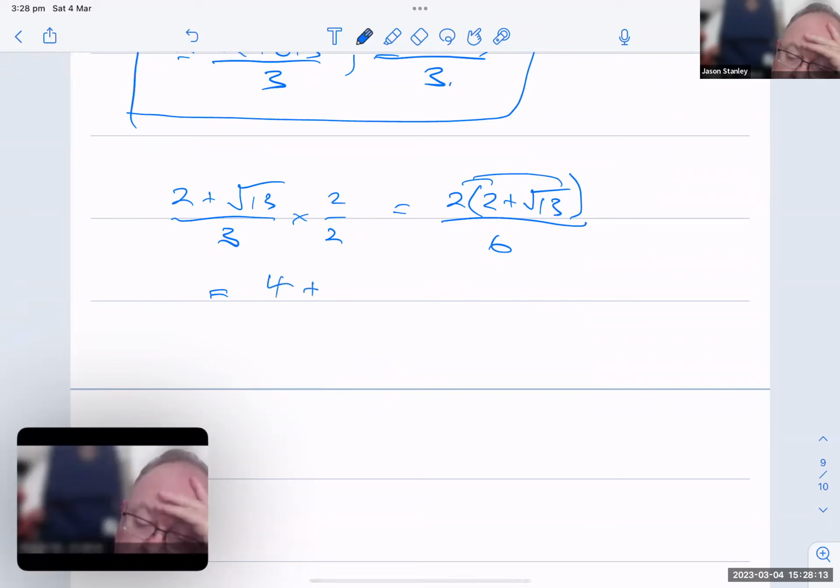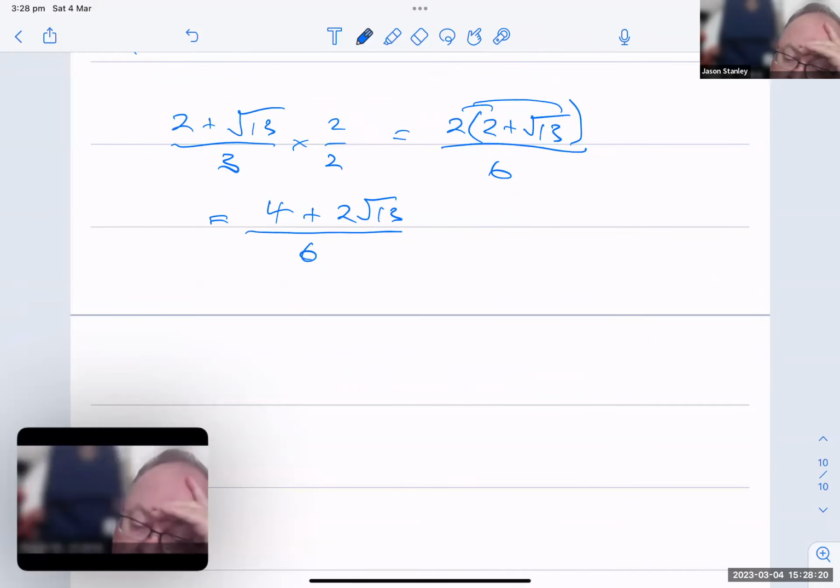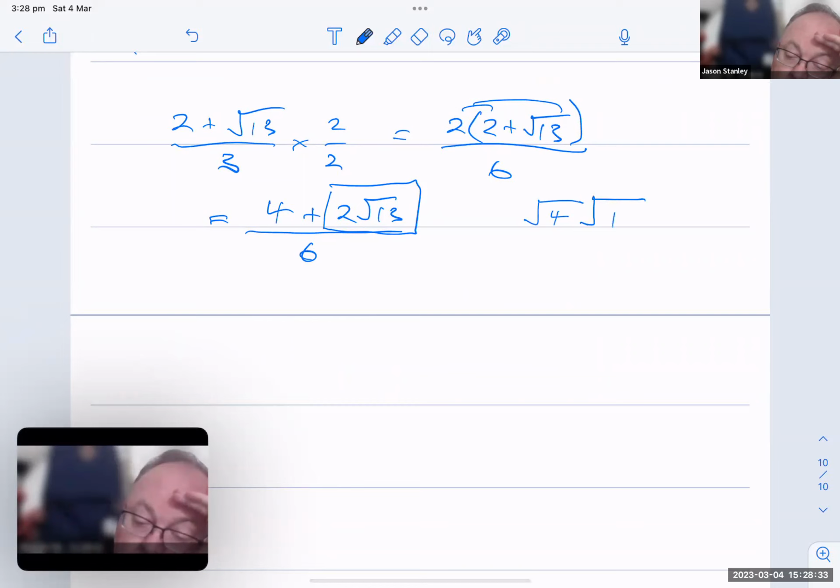So we're going to get 4 plus 2 root 13 over 6. Now, this is an algebraic trick. To get this under the same square root sign, I need to go 4, 13. Why 4? Now, I might have been a bit rude doing that. I better change that to 2 squared. That's easier to see.